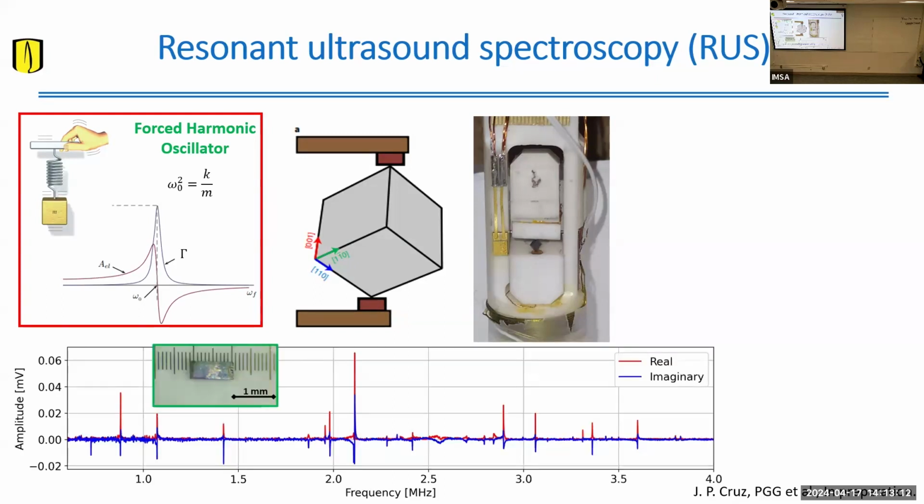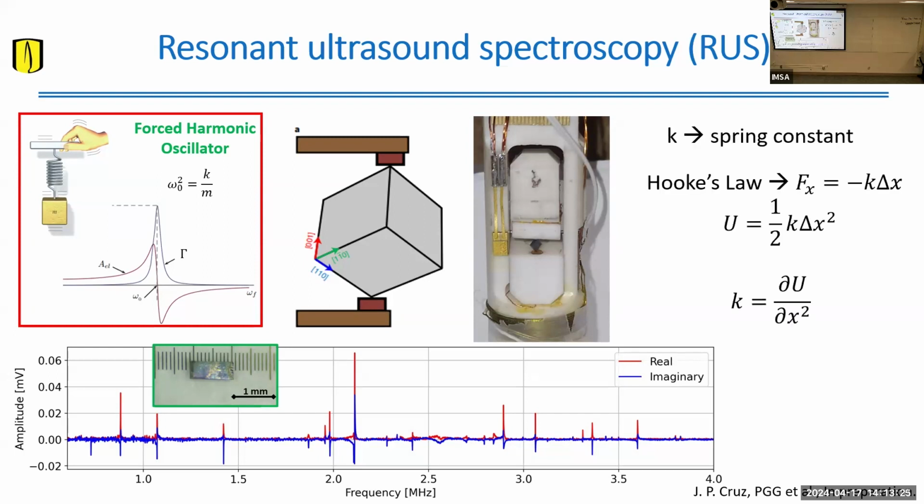We create this harmonic perturbation and measure the resonance positions in frequency for the sample. This spectrum of resonances is directly related to the spring constant, which is the second derivative of the potential of your system with respect to deformation, which in 3 dimensions is the elastic tensor. So each of these resonances is related to a component in symmetry of the elastic tensor.